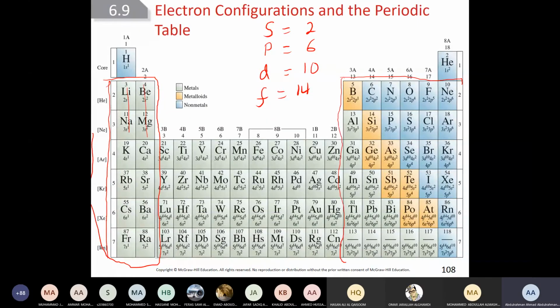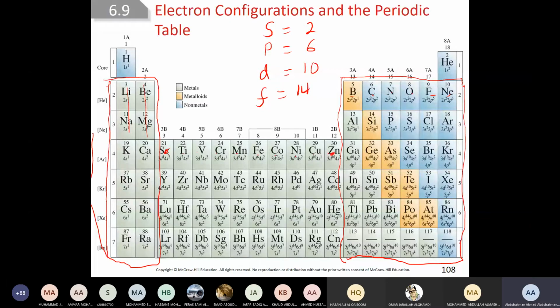Count them. 1, 2, 3, 4, 5, and 6. How many columns from Sc to zinc? Count them. 10: 1, 2, 3, 4, 5, 6, 7, 8, 9, and 10.